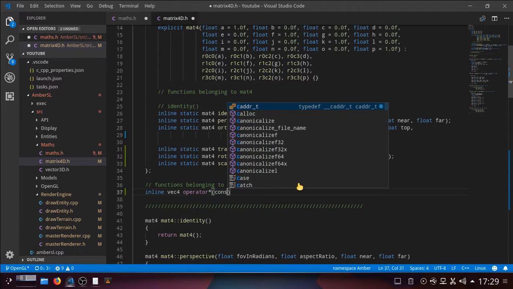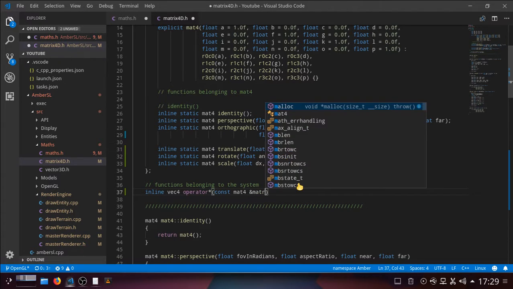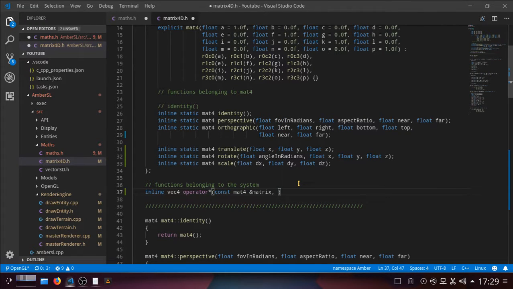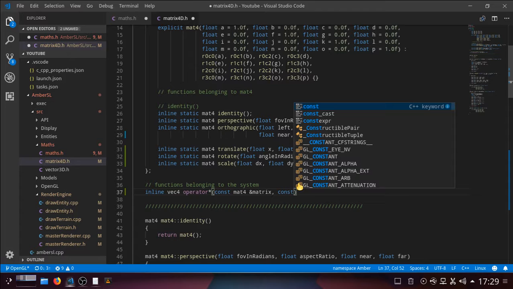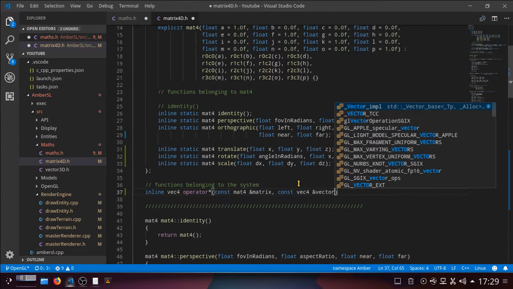This is going to be a const mat4 and the address of a matrix, comma, const, and we're timesing it by a vector, aren't we? So it's just going to be a vec4 and vector. So we'll do that one.